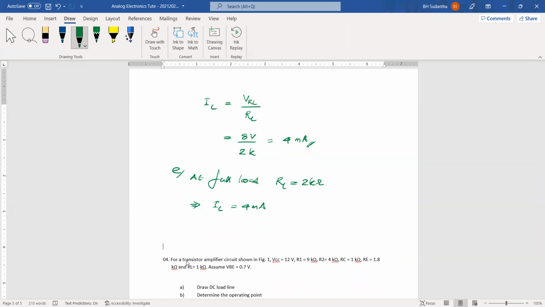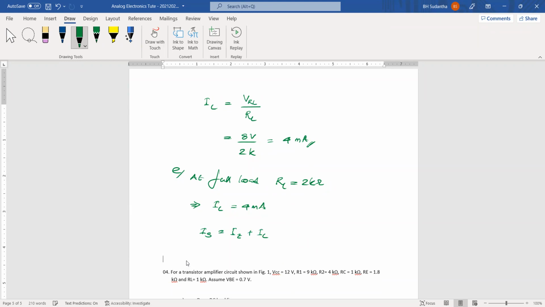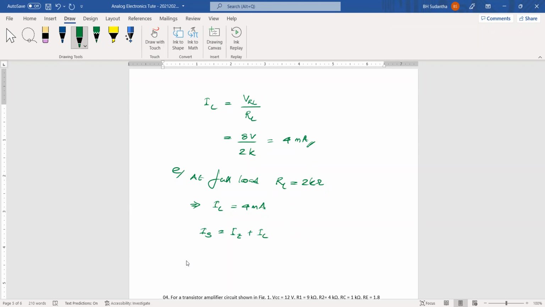With this equation, IS equals IZ plus IL, IS we know is 125 milliampere.